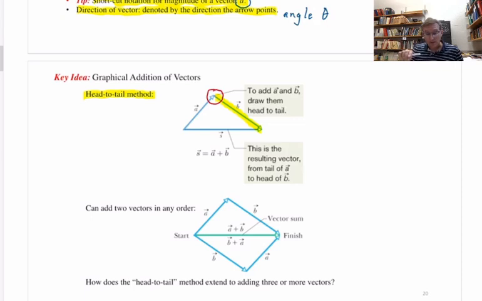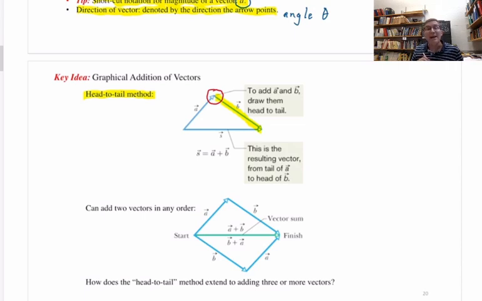That's a very handy property of vectors as represented by arrows. You can slide an arrow around wherever you want on the XY plane, as long as you don't change the length of the arrow or its tilt. So A and B have been slid around, reconfigured, so that they are in head-to-tail configuration.